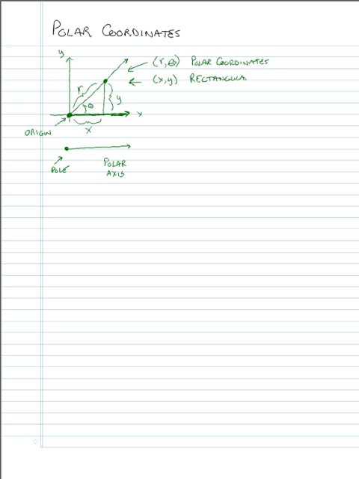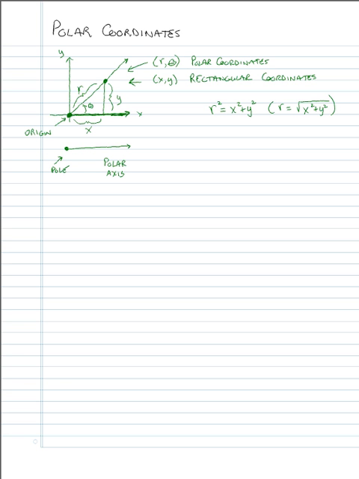Now, if you recall, here are the important pieces of that marriage. Because r is the hypotenuse of that right triangle, and the legs are x and y, then because of the Pythagorean theorem, we know that r squared is equal to x squared plus y squared. Sometimes we'll write that as r is equal to the square root of x squared plus y squared.